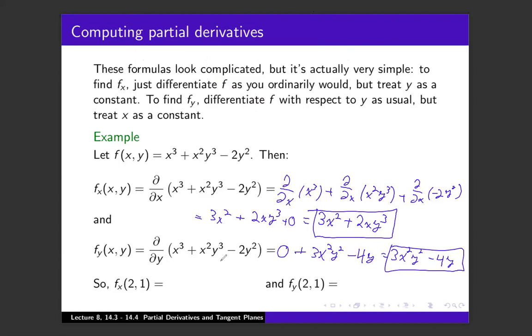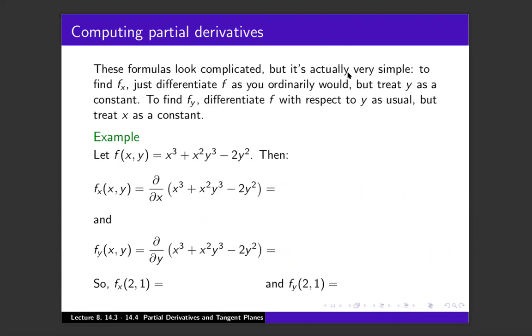So you plug in 2 and 1 into that, 3 times 4, so 12 plus 4. So the first one becomes 16. The next one, f sub y of (2, 1). Again, 3x squared y squared, so that's going to become 12 minus 4, so f sub y of (2, 1) is 8. That's about it. That's really all there is to it, just plugging and chugging, the same as we always do.